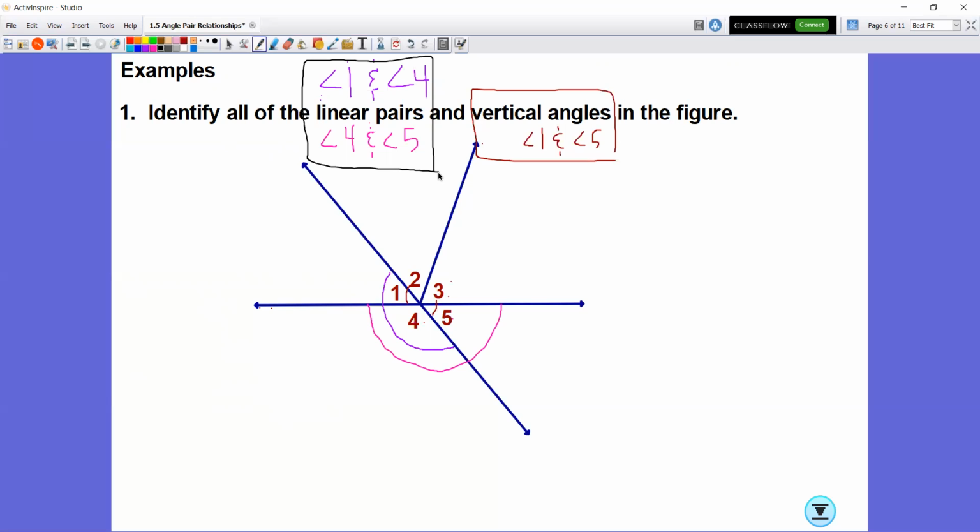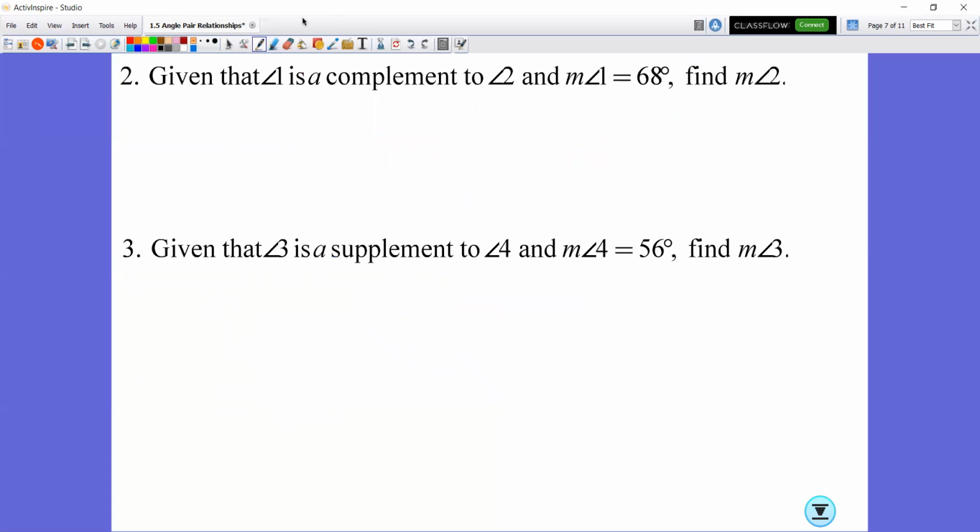All right, let's look at some more examples. Number 2 says, given that angle 1 is a complement to angle 2, and the measure of angle 1 is 68 degrees, find the measure of angle 2. First off, let's review. What does complement mean? What is it supposed to add up to be? Complementary angles have a sum of what? 90.